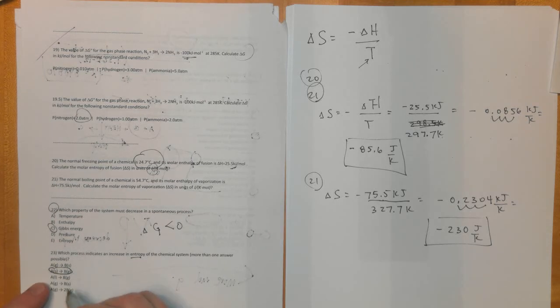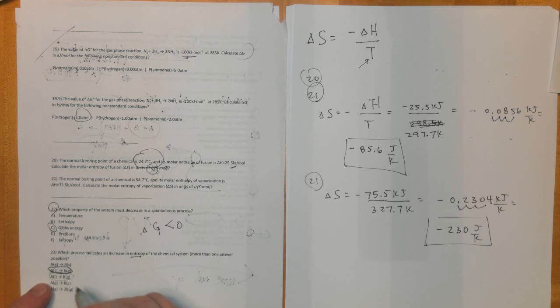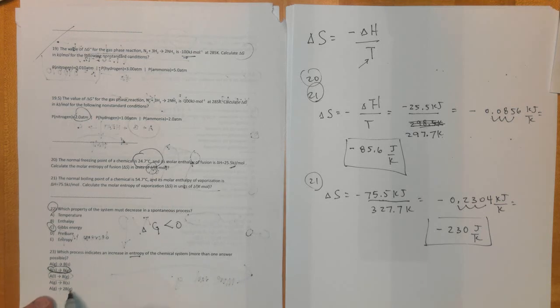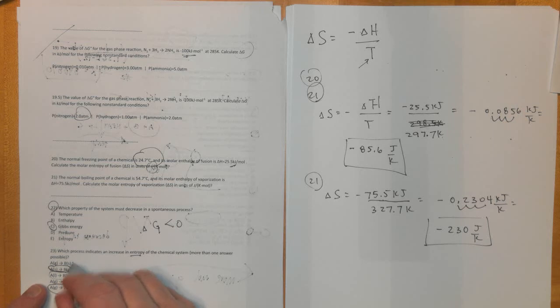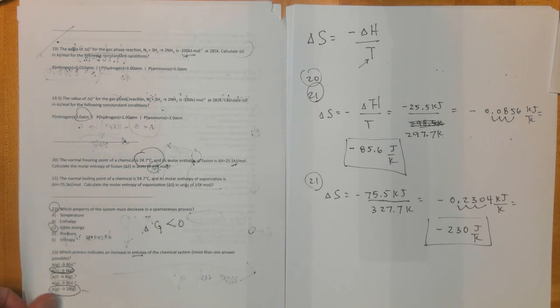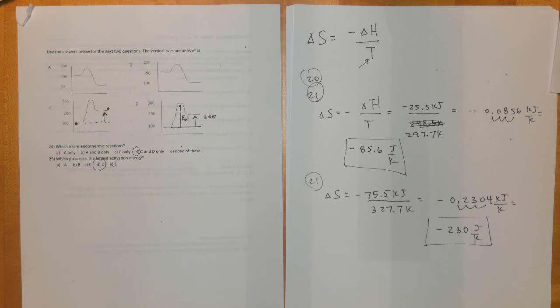From a liquid to a gas, because a gas is much more spread out. And then the other one goes from gas to gas, but from 1 mole of gas to 2 moles of gas, so it would also increase. This one goes from gas to solid, that would decrease the entropy, and this would go from gas to solid, and that would also decrease the entropy. So those three would be entropy decreasers.